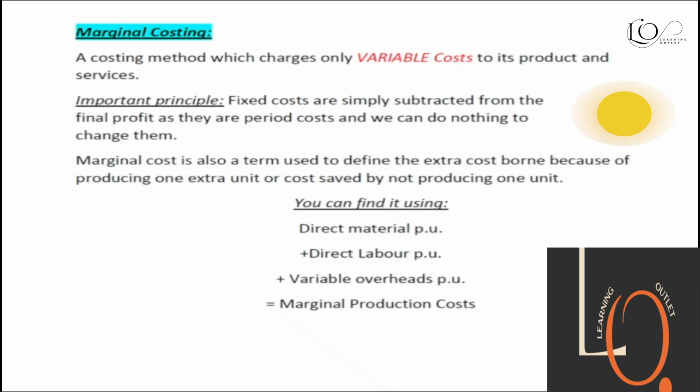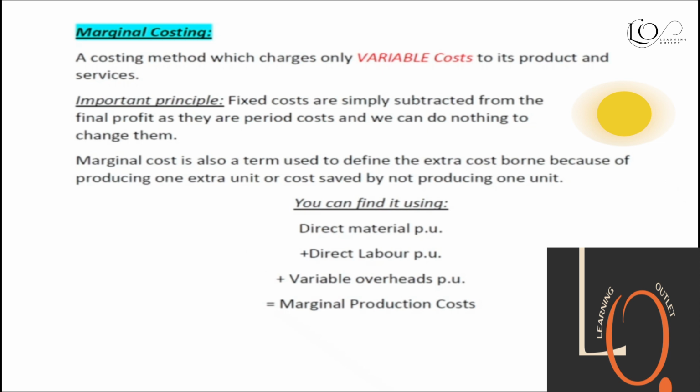So when I am making 1000 units, let's say for example, when I make the 1001st unit, what will be the extra costs that I will incur? Obviously material, obviously labor, and obviously some electricity charges or whatever. So let's only take this into account because these are my extra costs, right? That is the principle of marginal costing, considering variable costs only.